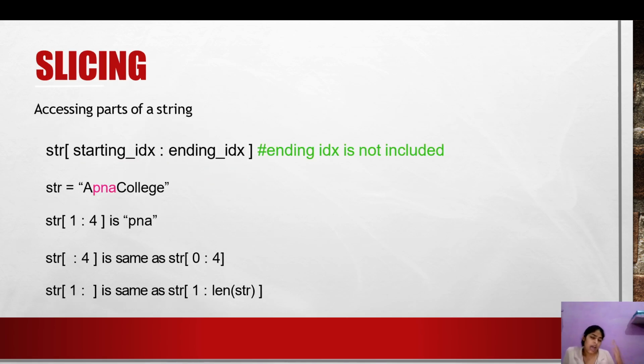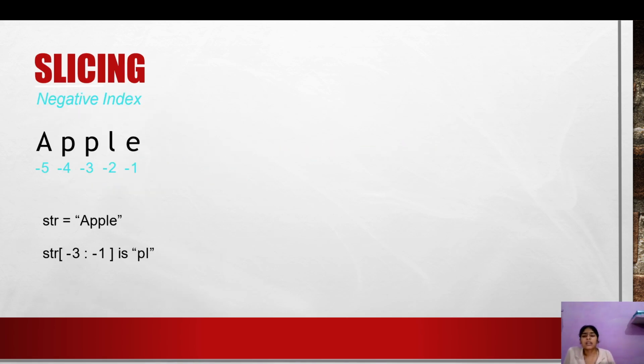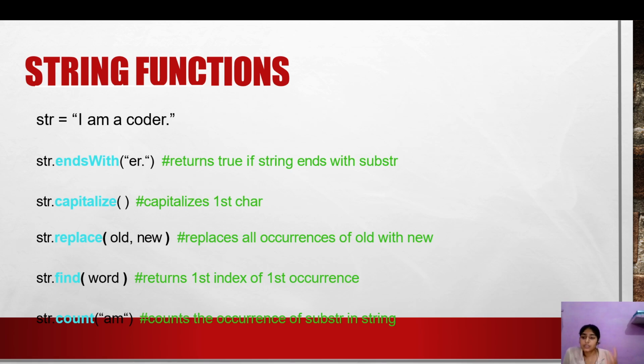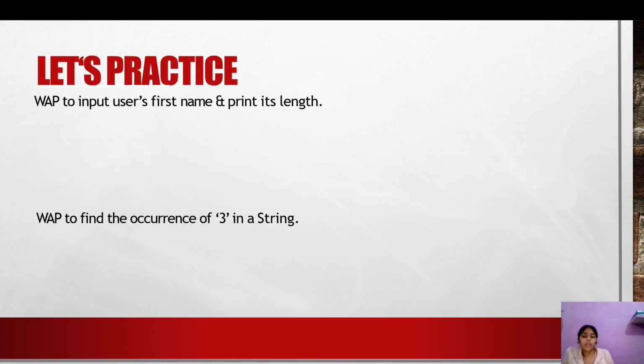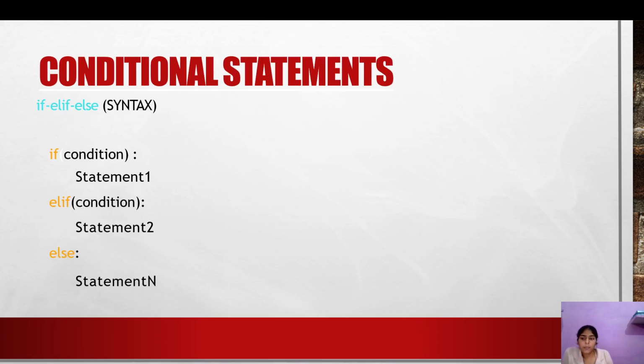The slicing part, how you can cut the string, and the string functions like capitalize, replace and more, and negative indexing, how you can do slicing using the negative index, how you can print the name and length of the string, and how you can find a word in the string.